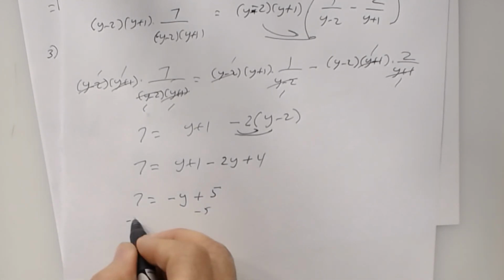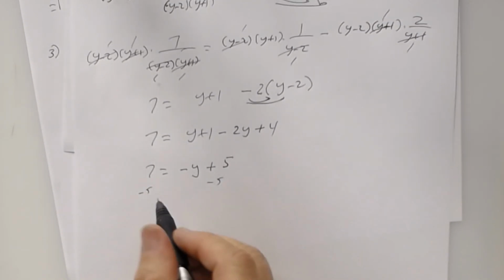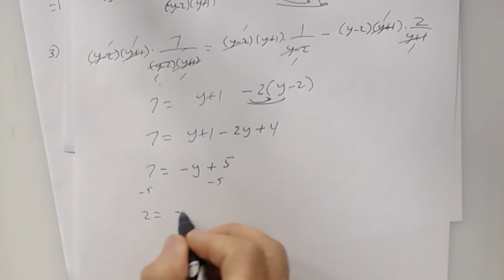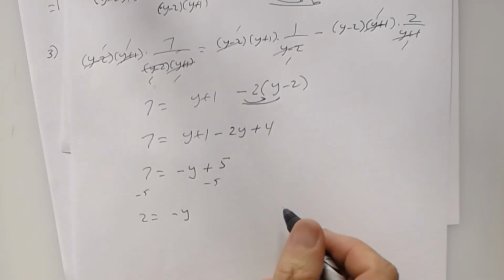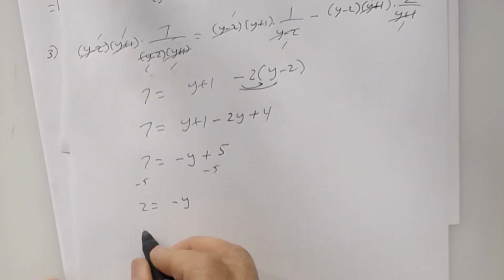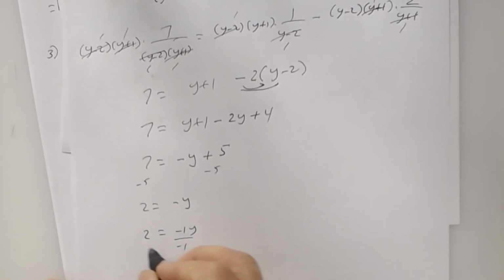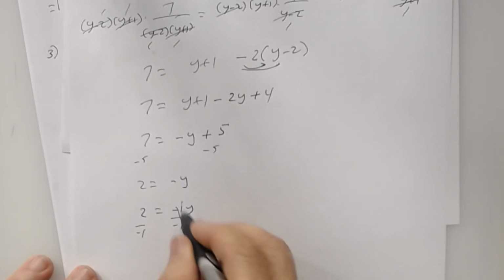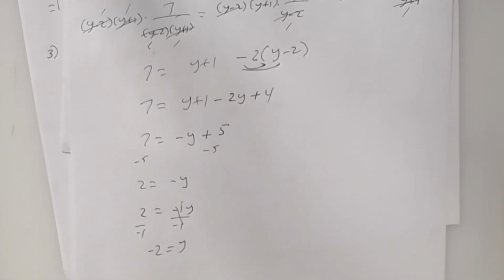Subtract 5, equal negative y, divide by negative 1, so I get y equals negative 2.